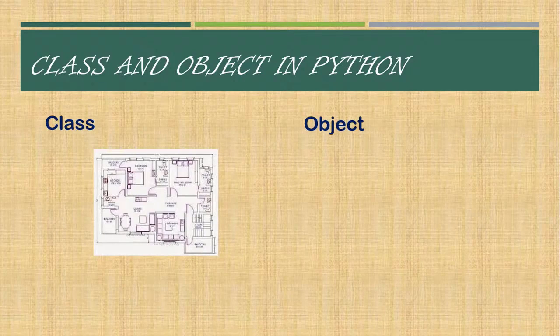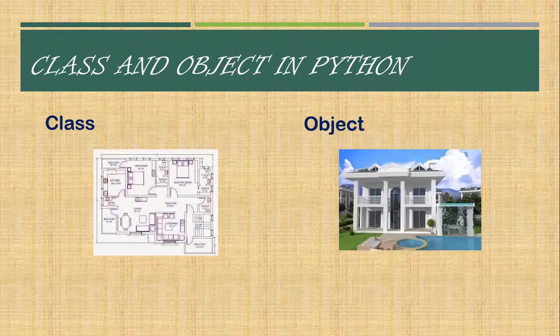Maybe if we are planning to construct a house, there will be, suppose, the dining room, the bedroom, the kitchen, and so on, and all these things will be first of all drawn, or we could say that a blueprint of the house will be prepared first, and then depending upon that blueprint the final construction will be done.